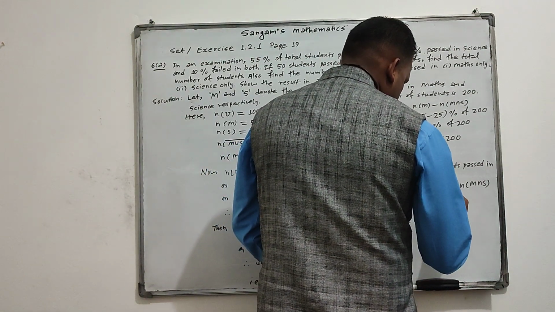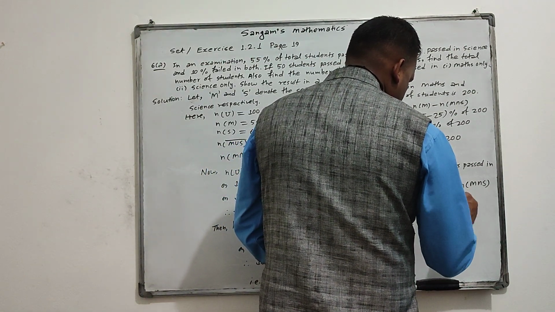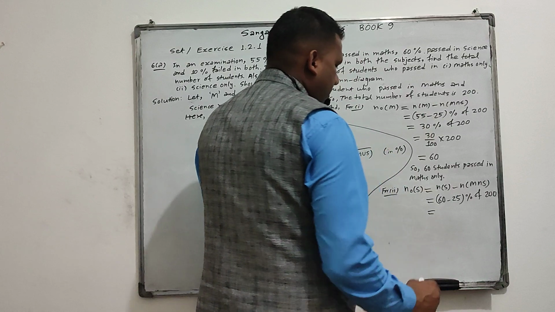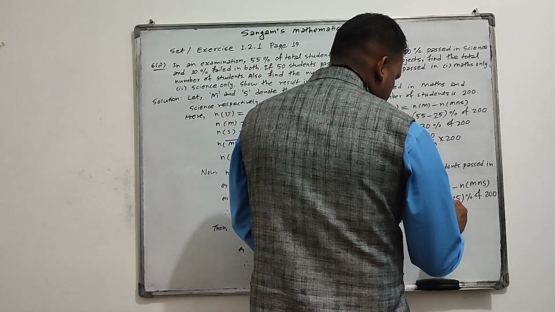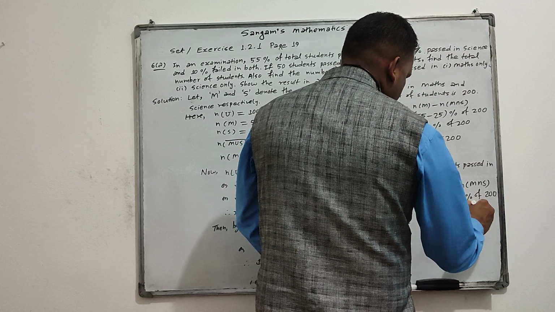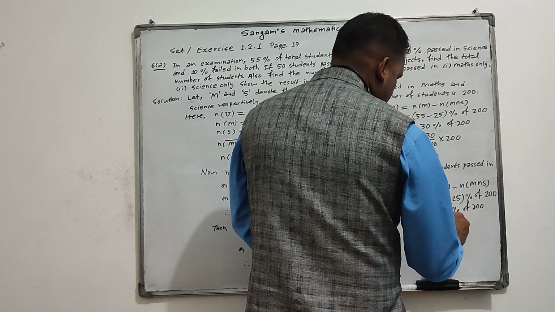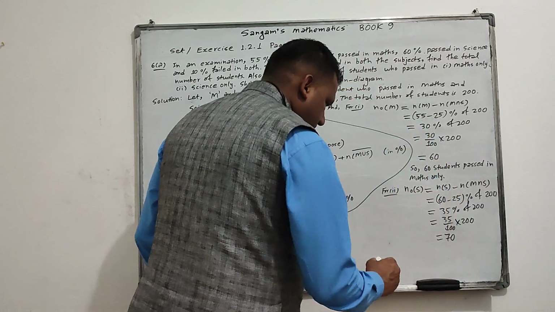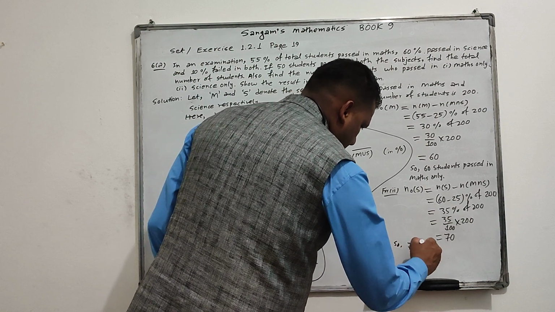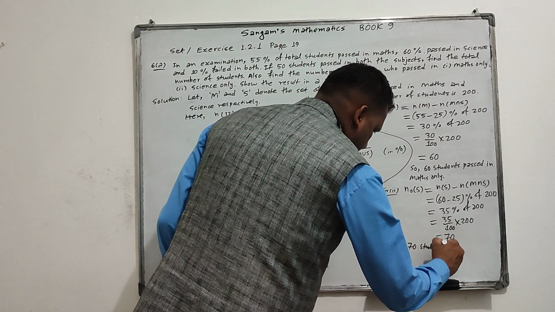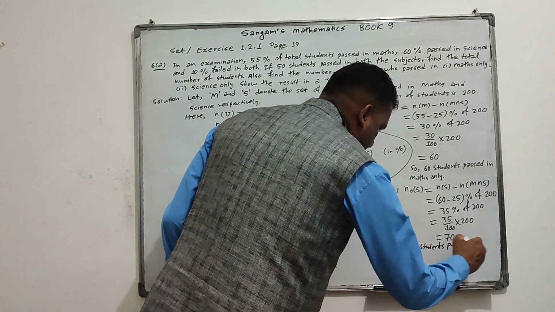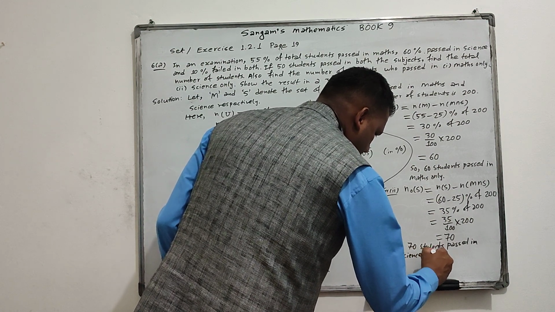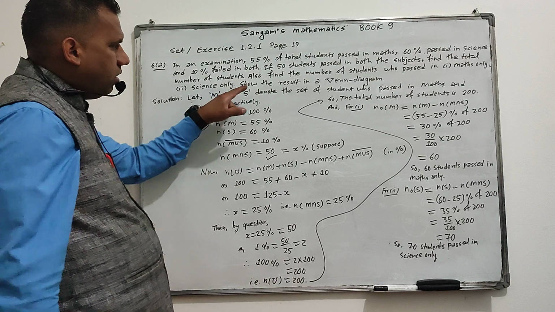So 60 minus 25% of total students 200. 60 minus 25, that is 35% of 200 equals 35 by 100 times 200, that is 70. So 70 students pass in science only. And finally, show the result in a Venn diagram.